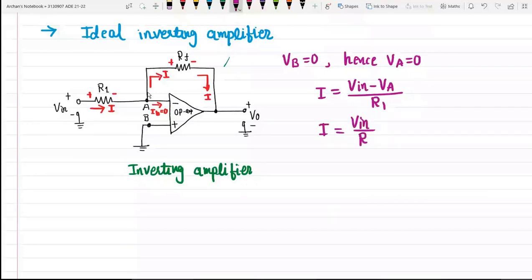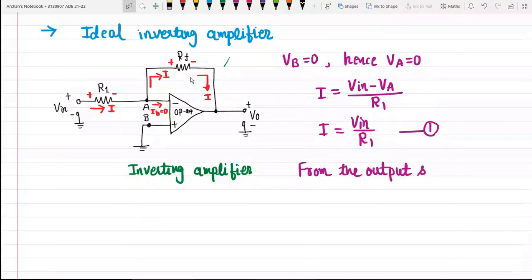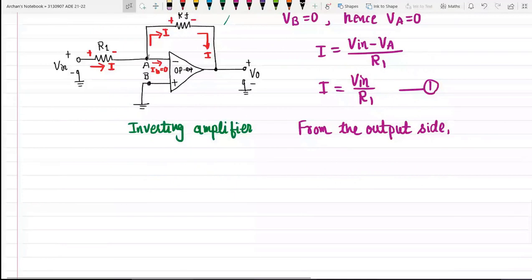Now consider the output side. From the output side, if we consider the direction of current I, current I is flowing from this terminal A to terminal V0. So if I find out the current I from the output side, the direction of current is from terminal A to V0.